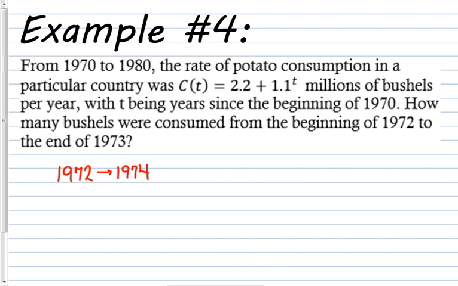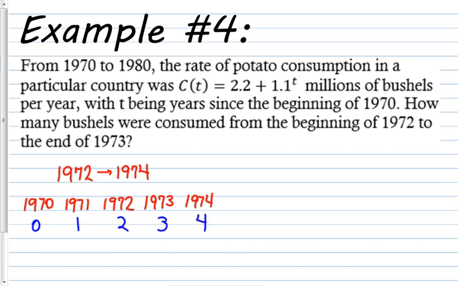So from 1970, so 1971, 1972, 1973, 1974. So this is 0, this is 1, 2, 3, 4. That's the fourth year. We're concerned with the amount of potatoes consumed between the start of 2 and up to the beginning of 1974. So from 2 to 4.